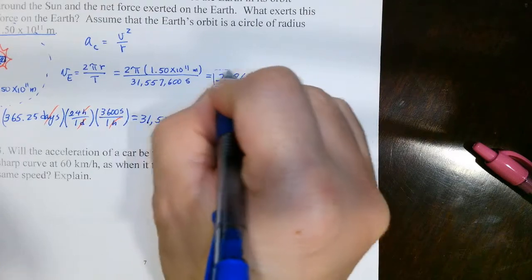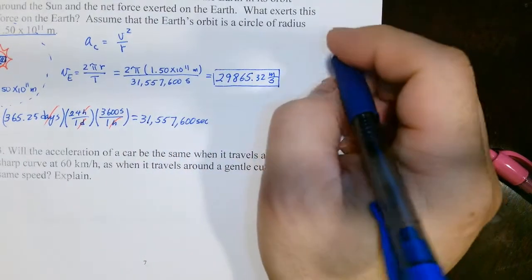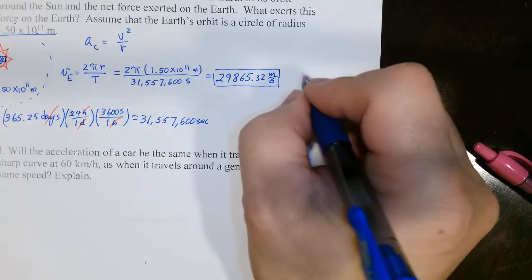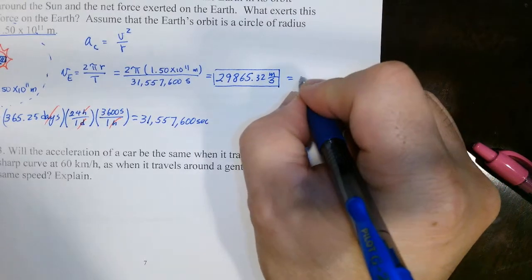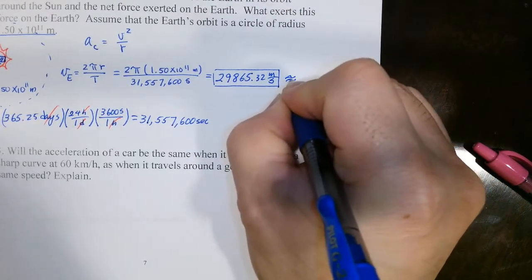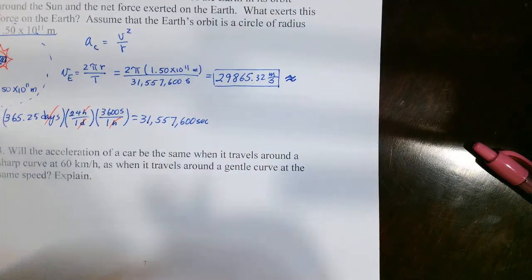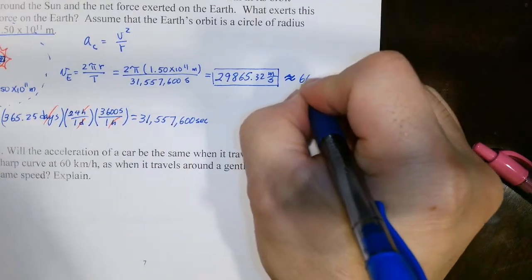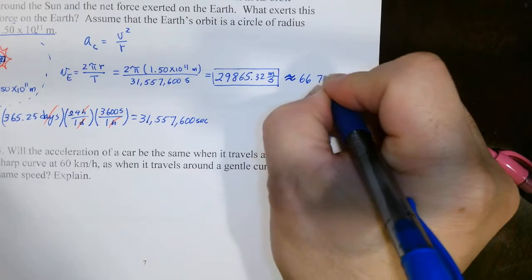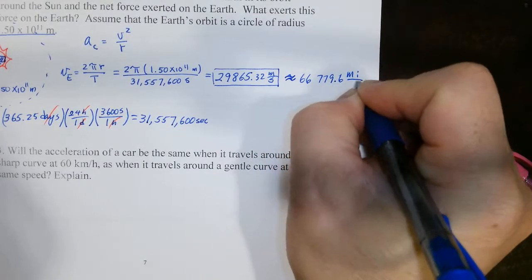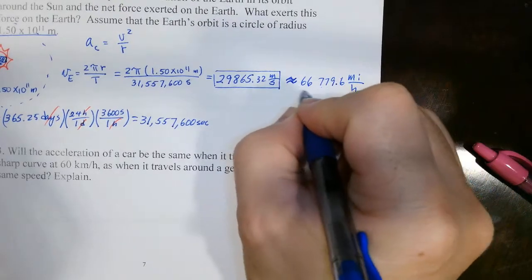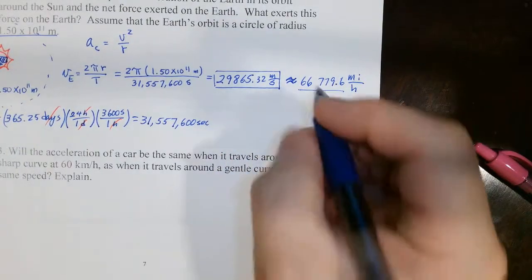How fast is that? That's approximately 66,800 miles per hour. Just to give you an idea how fast that is, that's approximately 66,779.6 miles per hour. So that's relatively fast, right?